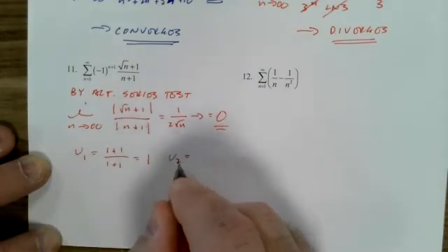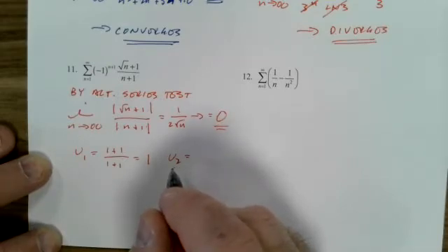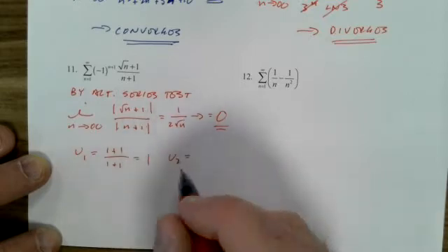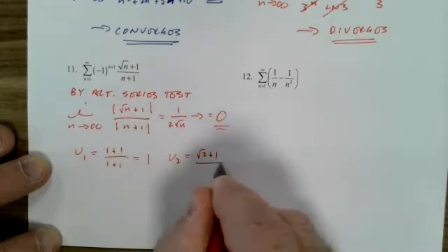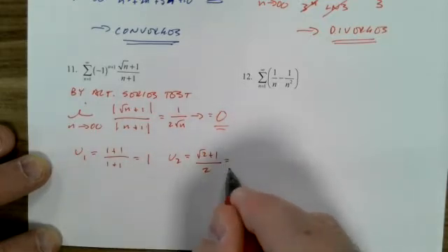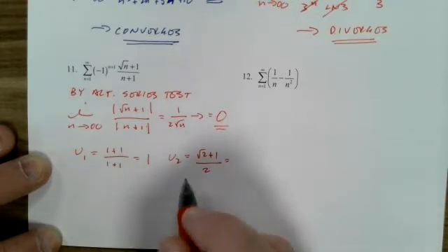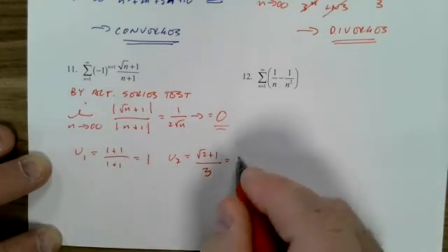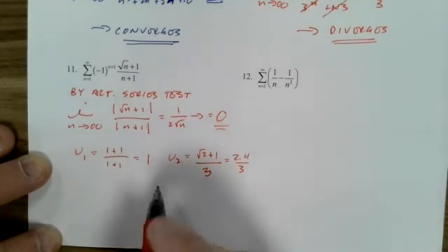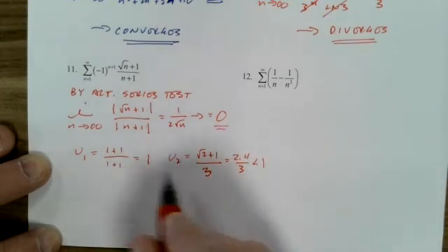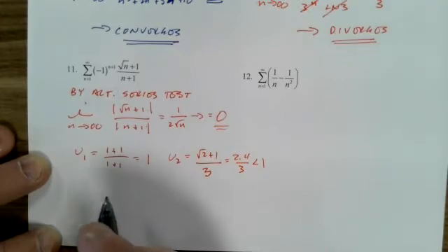U of 2 equals, wow, my notes make no sense. Square root of 2 plus 1 over 2, which is 2 point, no, that's not right, for 3, which is like 2.4 over 3. So that's less than 1. So we've gone from a bigger to a smaller, and we see that it's going to constantly get smaller.